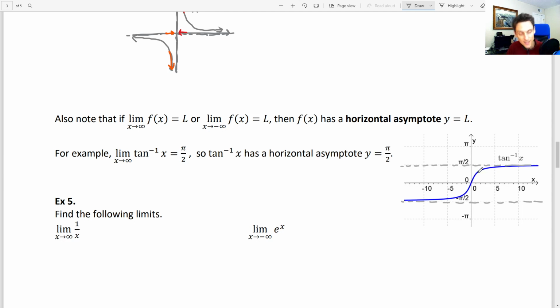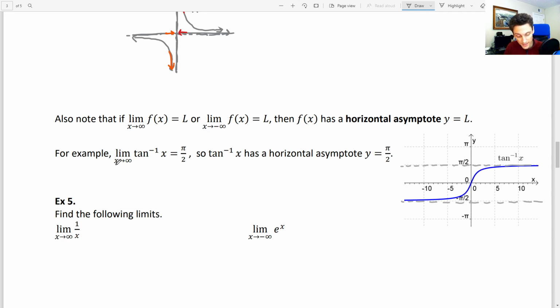So there's inverse tangent. It's a great example of a function that has 2 different horizontal asymptotes. A lot of graphs, like of rational functions, are only going to have 1 horizontal asymptote at most. But here's an example of a function that has 2 horizontal asymptotes, which makes it a great example to remember.